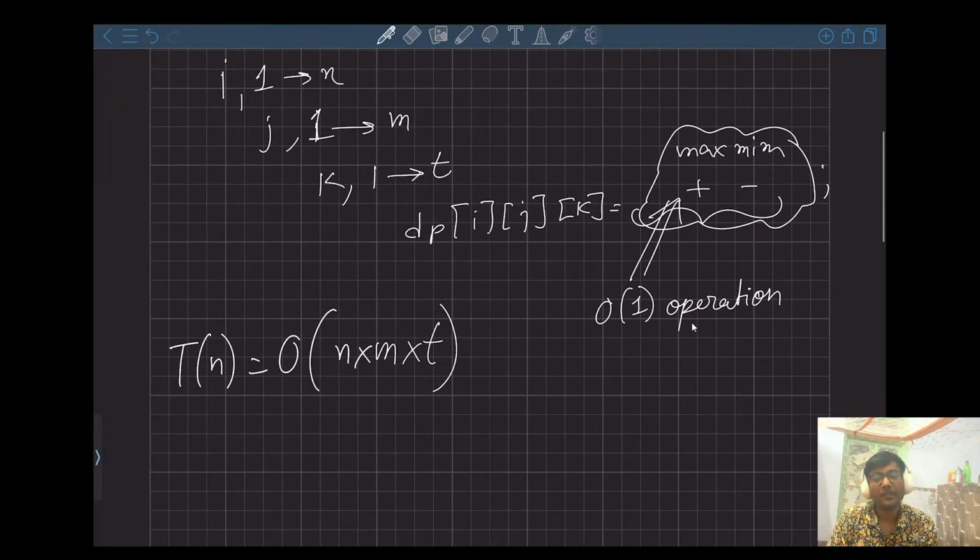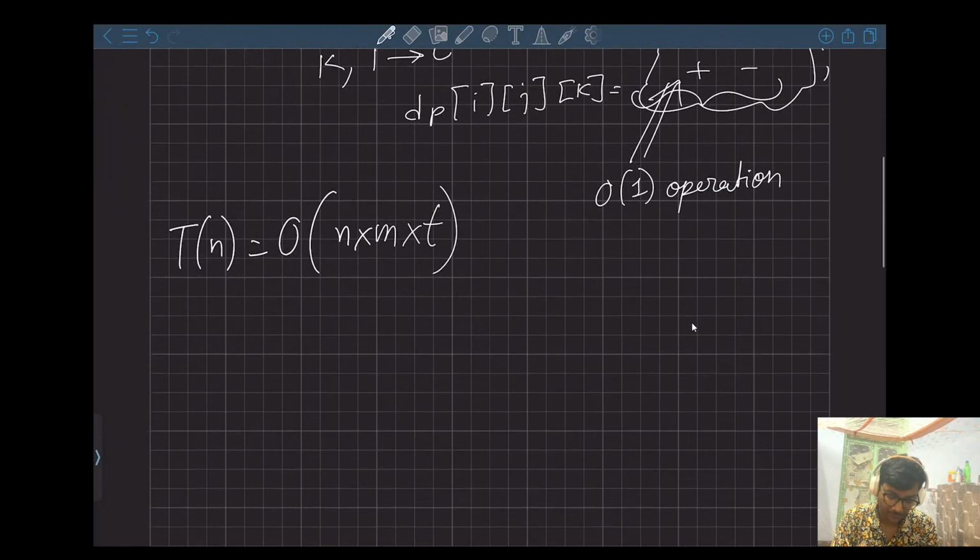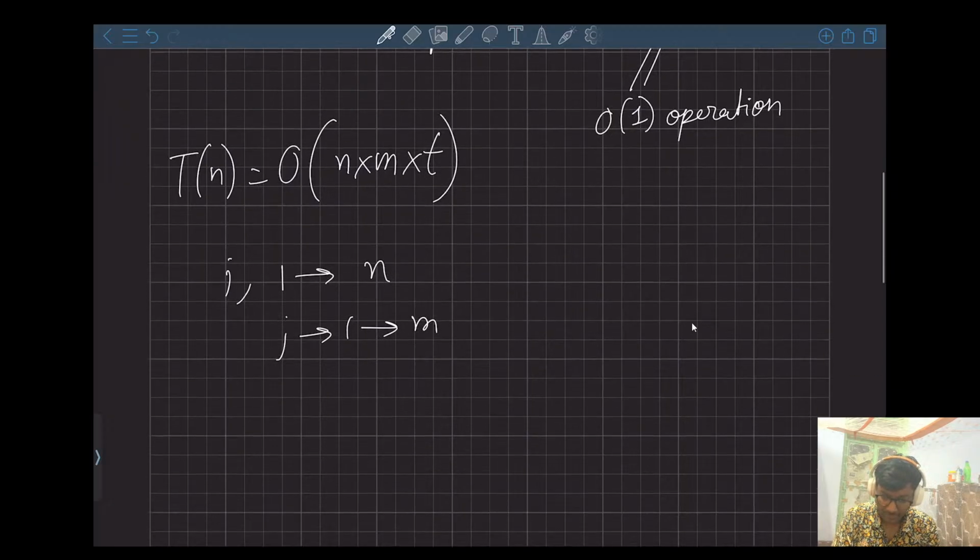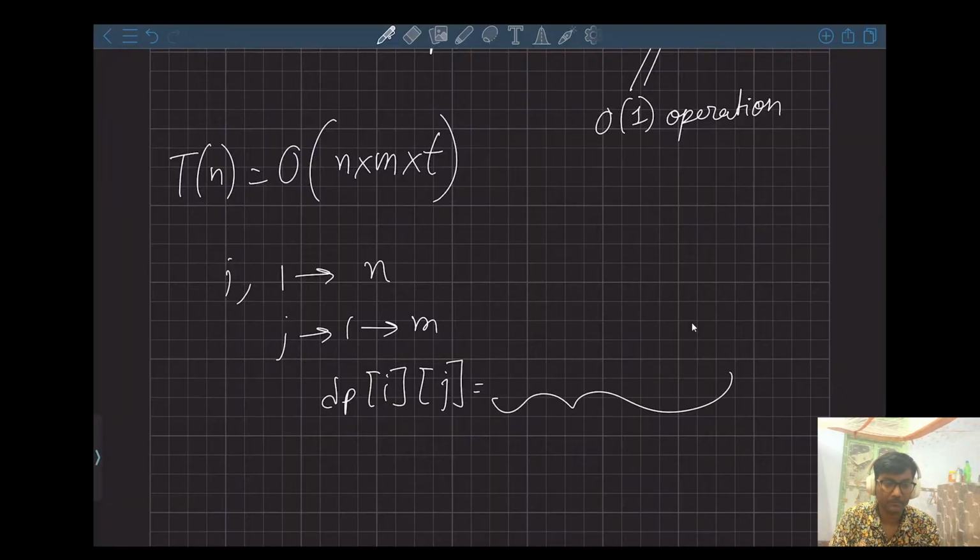But what if you have some transition where, let's say, i goes from 1 to m, j goes from 1 to n, and I define dp of i, j equal to a series of steps, maybe the maximum of all the elements.